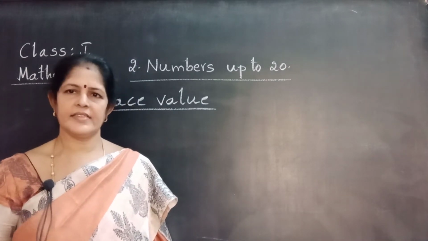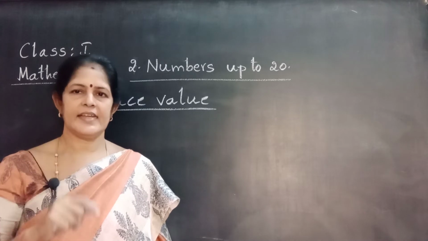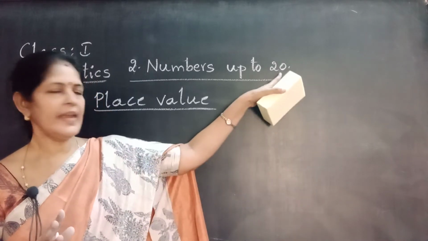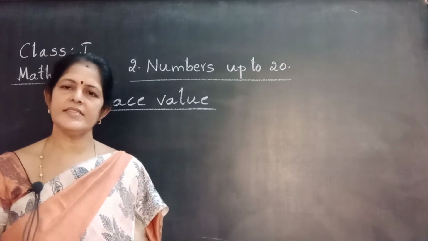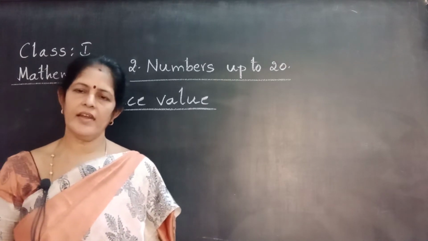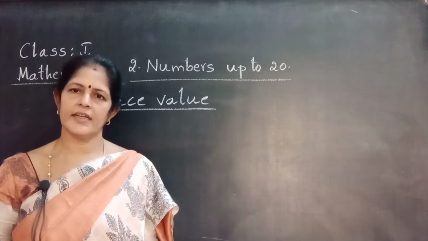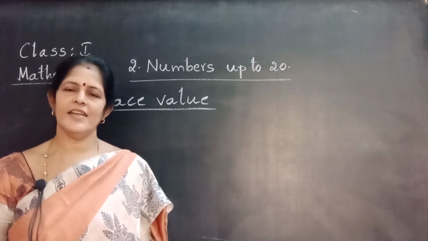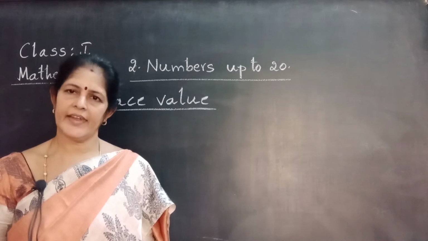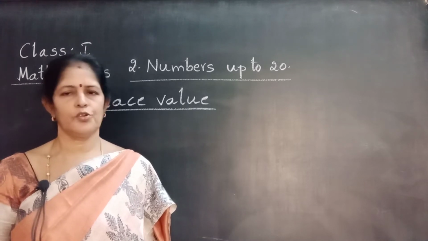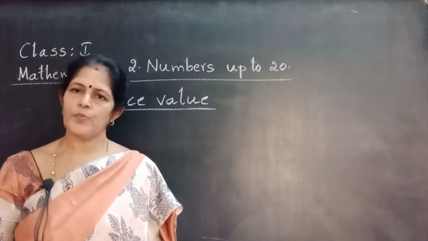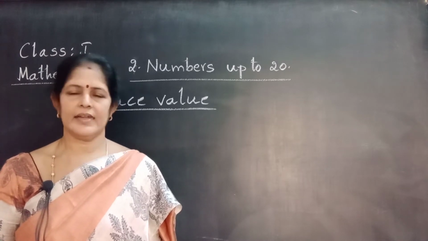Those are ones. Next, two-digit numbers. Starting number is 10. In this chapter, ending number is 20. That means 10, 11, 12, 13, 14, 15, 16, 17, 18, 19, 20. Those are two-digit numbers. What is the smallest two-digit number? 10.